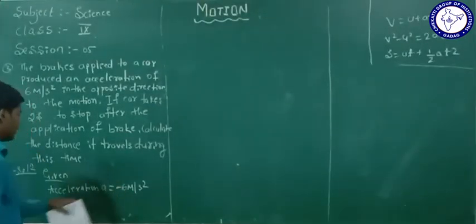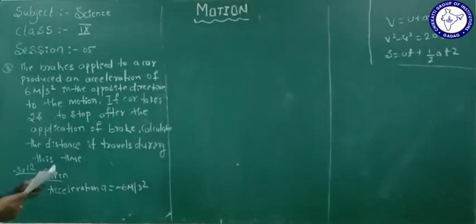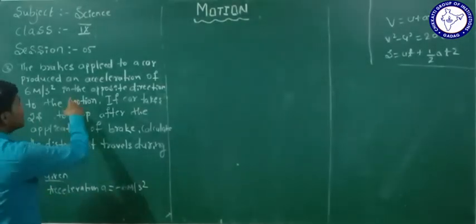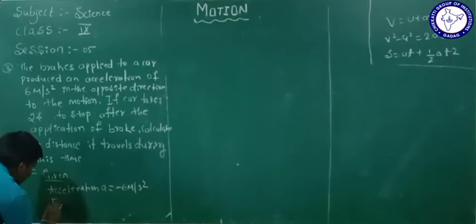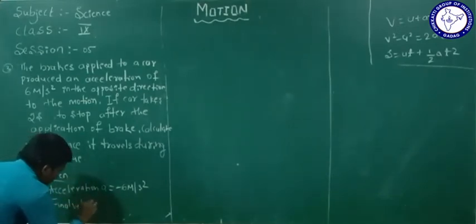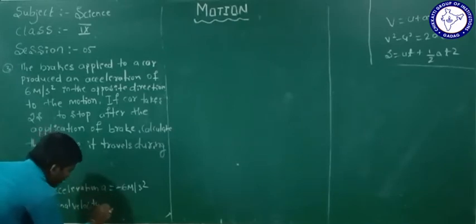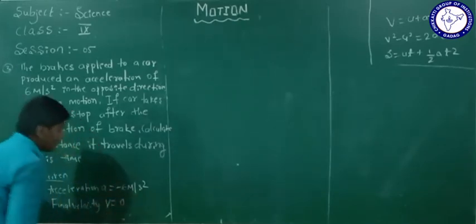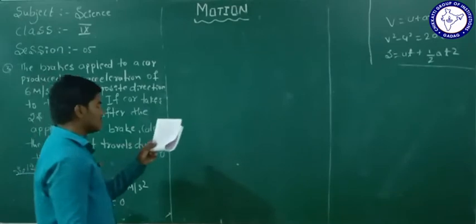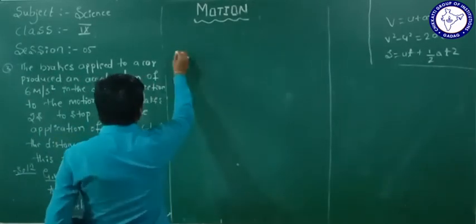That is, acceleration A is equal to minus 6 meter per second square, and the final velocity will be 0 here. Why? Because the car comes to rest after application of the brake. Final velocity V is equal to 0, and the initial velocity U we have to find out.